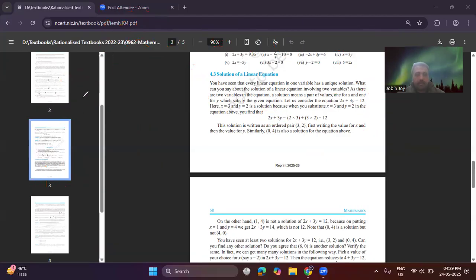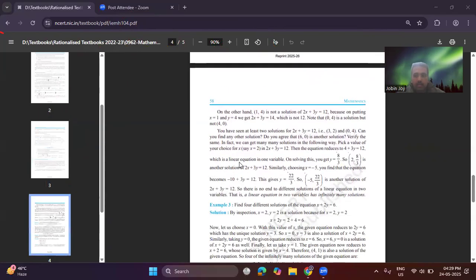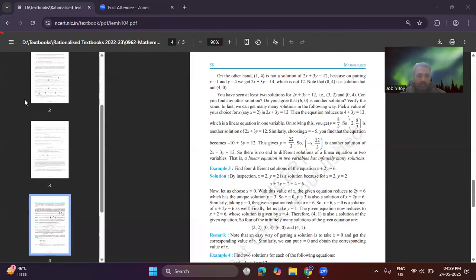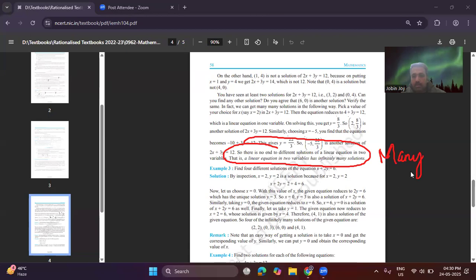This is very important, so I'm highlighting it here: a linear equation in two variables has infinitely many solutions. Very important statement.